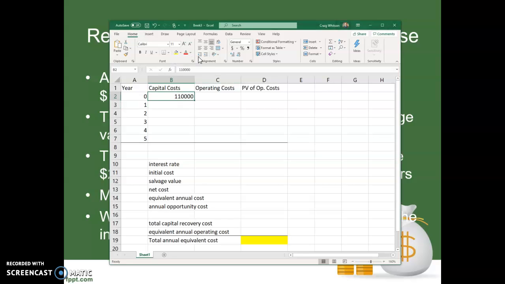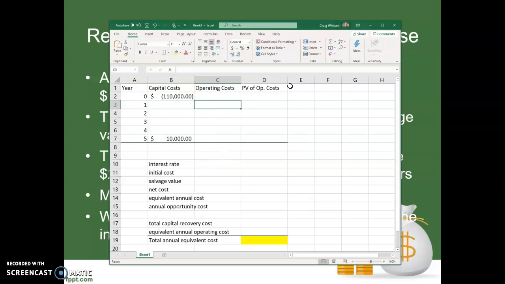So that money is an upfront cost, and so I should make that negative. So negative $110,000 is what it's going to cost to buy this piece of equipment. But then at the end, we can salvage it and get $10,000 of that money back. We get a positive income of $10,000.